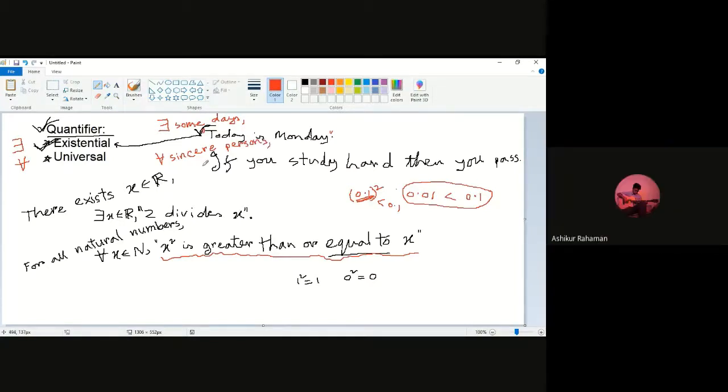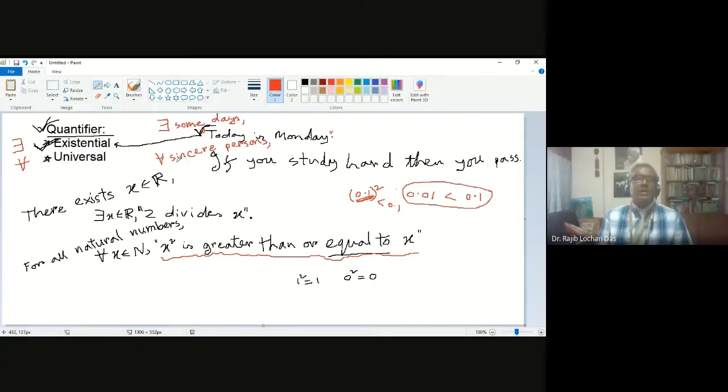Yes, sir. Now it is okay. If the person is sincere, then fine. If you study hard, then you pass. This sentence is correct. So this is an example of a universal quantifier, because we are talking about all sincere persons, all possible sincere persons, and if it is true for all, that is the universal quantifier. Okay, so this is the concept.